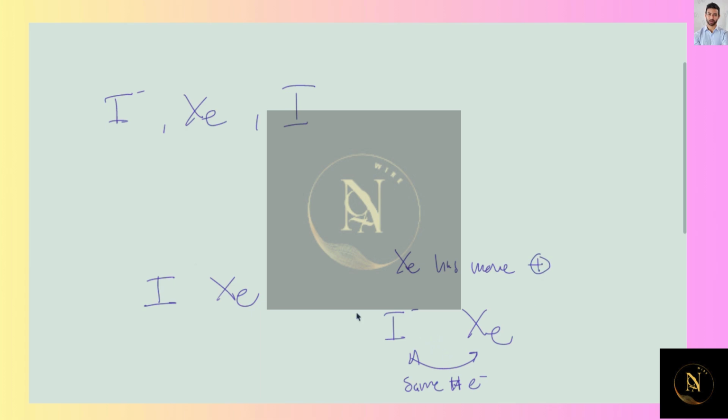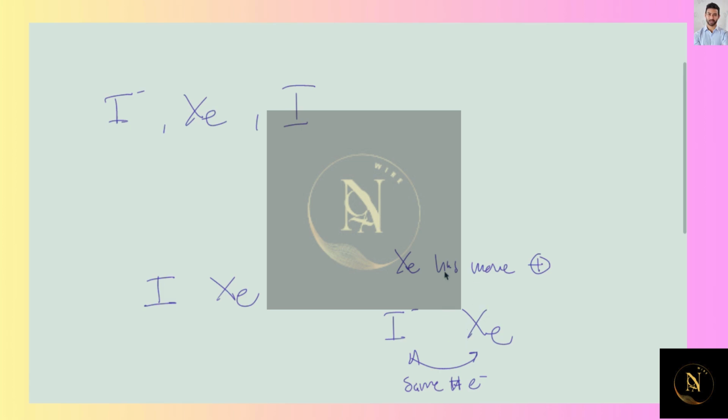So what do I mean by that? I mean that both of them will have the exact same number of electrons, but xenon has more protons, meaning that xenon is going to be holding its electrons more closely. This extra electron on iodine doesn't have a proton to counteract it, so this electron is going to be further from iodine than the furthest out electron on xenon.